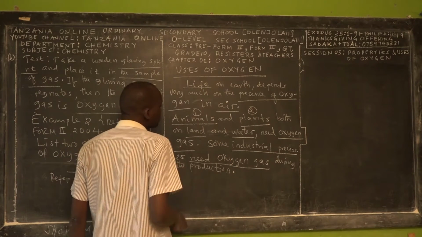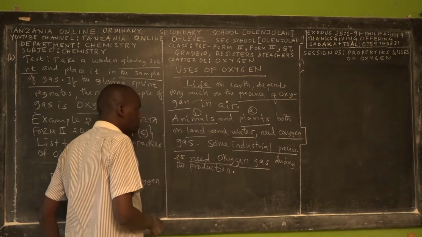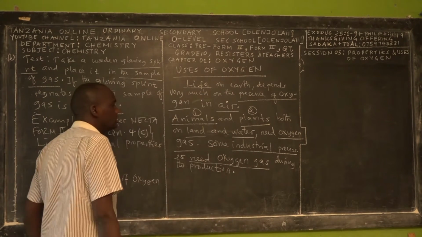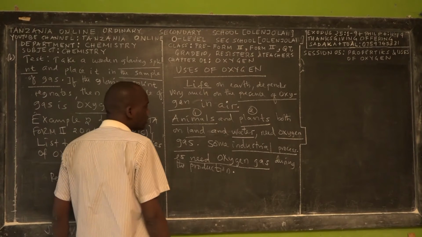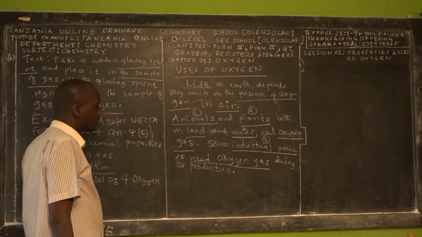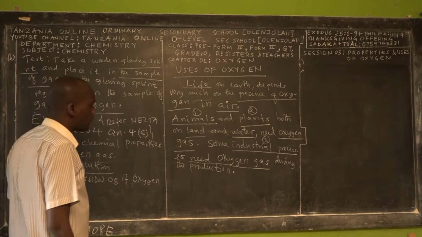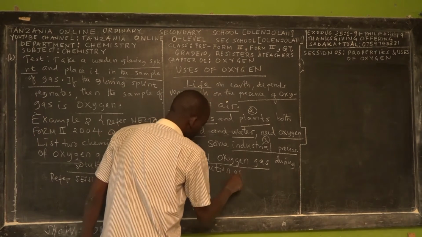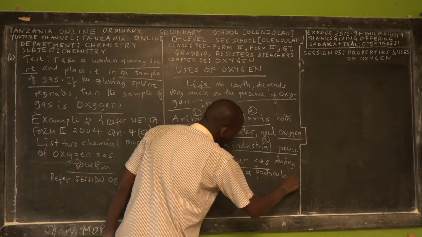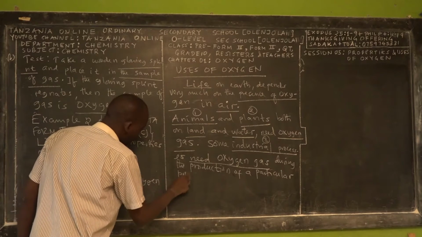Animals on land need oxygen, animals in water need oxygen. Plants on land need oxygen, and plants in water need oxygen. But also some industrial processes need oxygen during the production of a particular product.